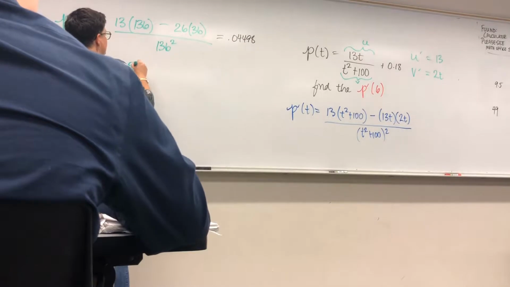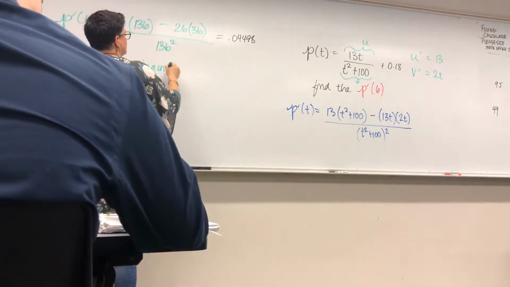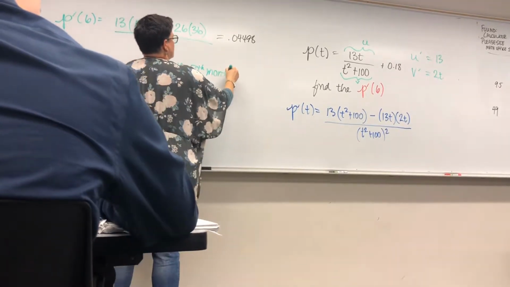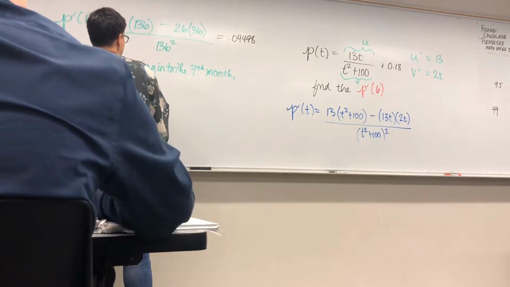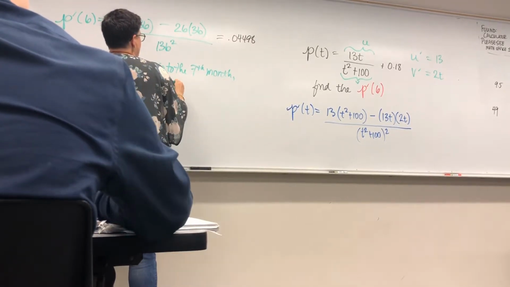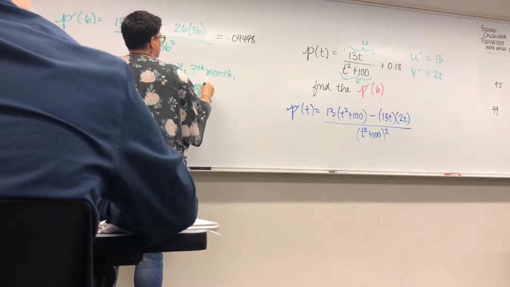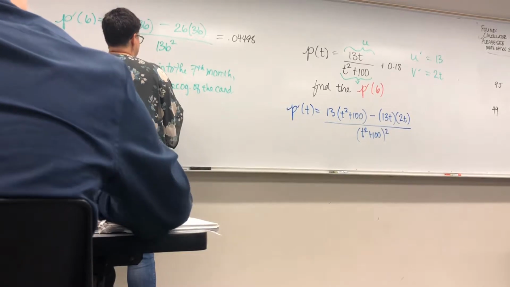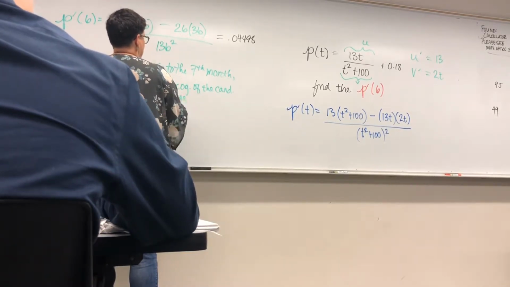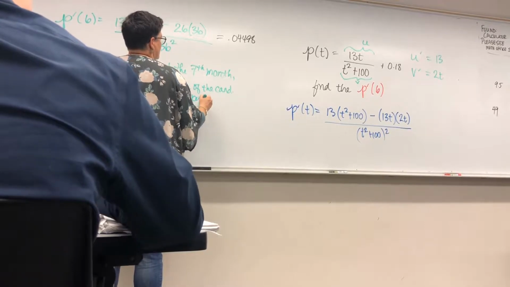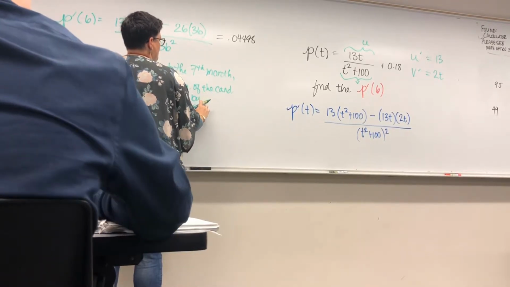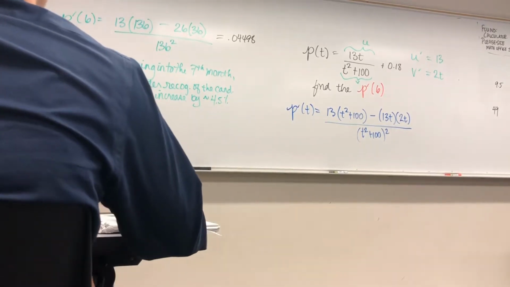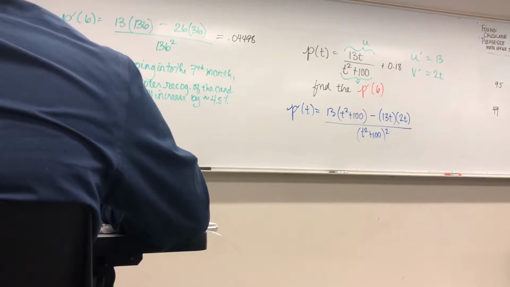So going into the 7th month, voter recognition of the candidate will increase by 4.5% approximately. Okay. Does it make sense?